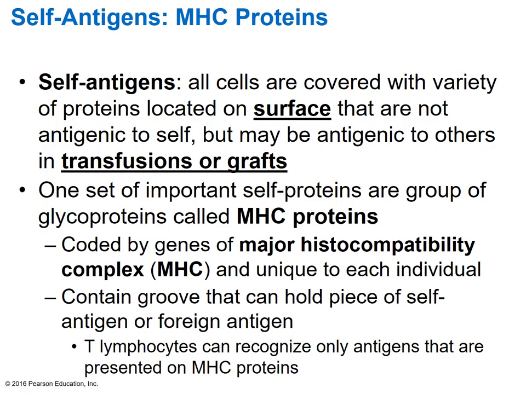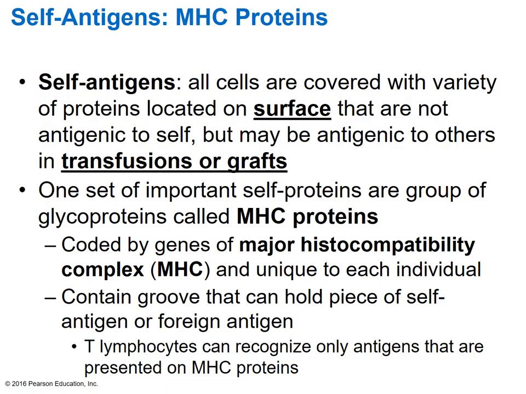It's part of you. But if you were to donate, say, a kidney to someone else, it has your markers. Those now become antigens, and somebody else will recognize those as foreign and would attack them.